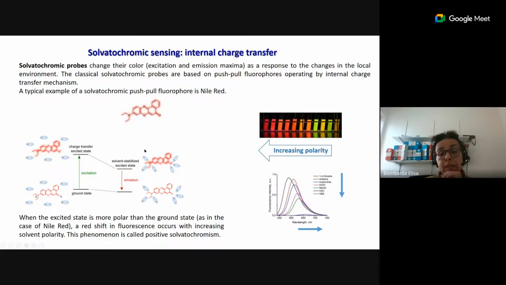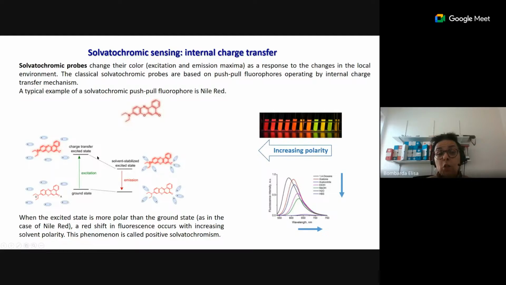Of course, the charge transfer is a fundamental phenomenon, because if the fluorescence is associated to a charge transfer, it's clear that the dipole of the emission, the dipole in the excited state, is changed with respect to the one in the ground state.